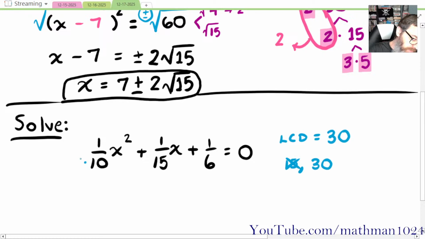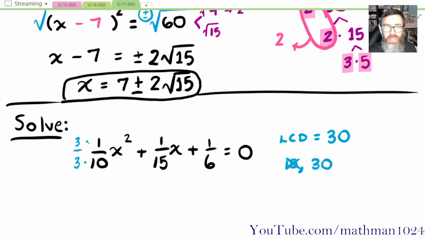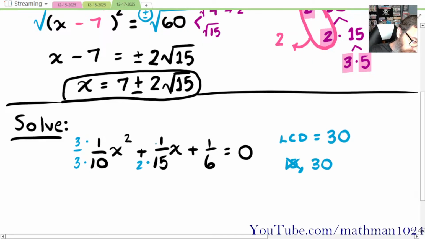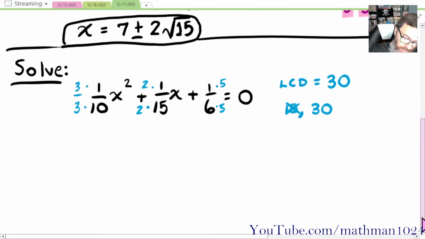So I'm going to multiply both the denominator and the numerator times 3. If I multiply times 3 over 3, that's a form of 1, and we know that multiplying times 1 doesn't change anything. So this will give me a denominator of 30, which is great. For the middle coefficient, 15 is missing a factor of 2, so I multiply times 2 over 2. And 6 is missing a factor of 5, so that we have a denominator of 30 there.